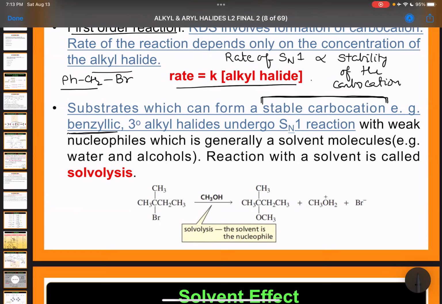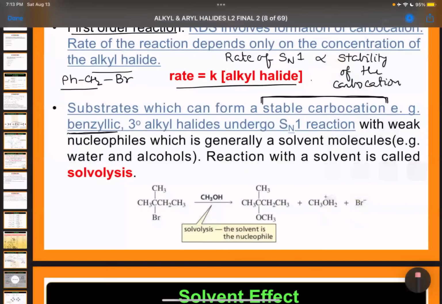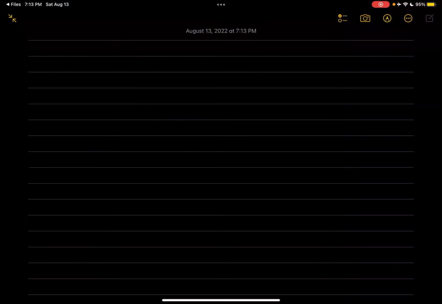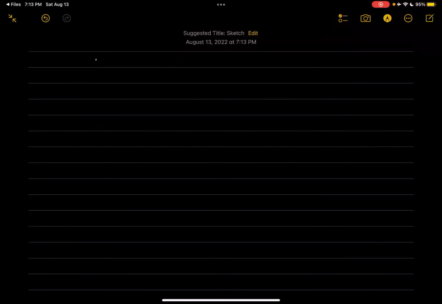Any idea? The halogen is attached to a carbon which is further attached to one benzene group, I mean an aromatic group. Yeah, good. Actually, this carbocation is the benzylic carbocation.